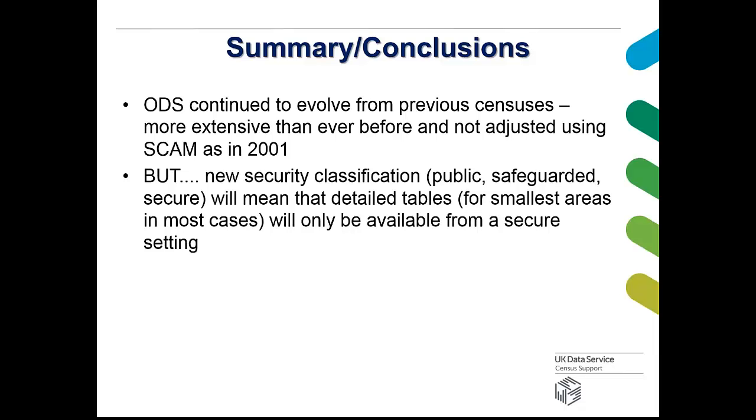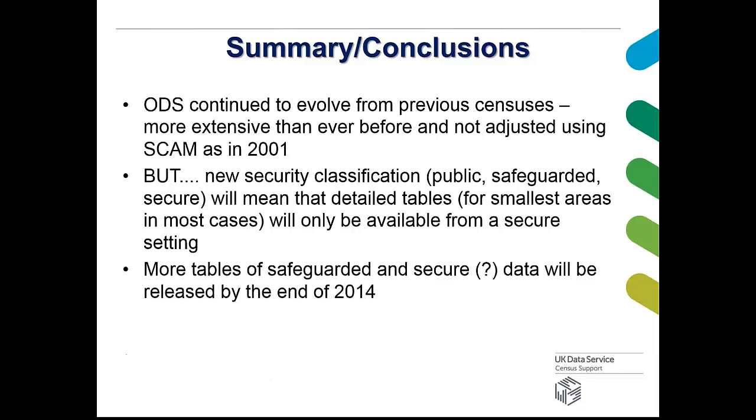The flip side of not using small cell adjustment methodology, which had the effect of perturbing the data quite significantly, is that we need to have this new classification. The data are split up into public, safeguarded, and secure data.